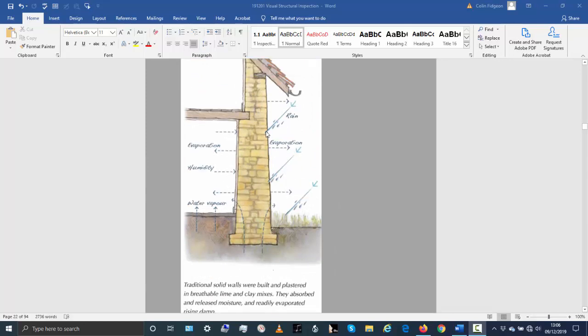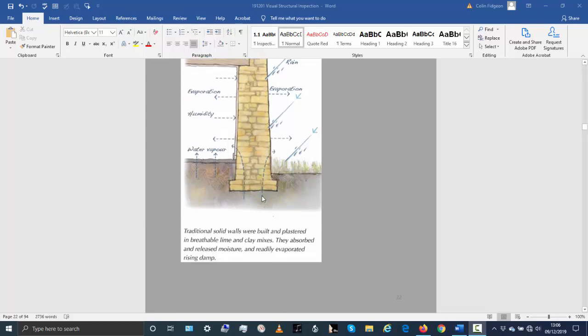But the old system does work and can work very well if it's understood how the old building system works, and if the way it works is understood and respected, and it's treated carefully and well, you can have very, very minor problems with dampness that really won't cause any problems at all.